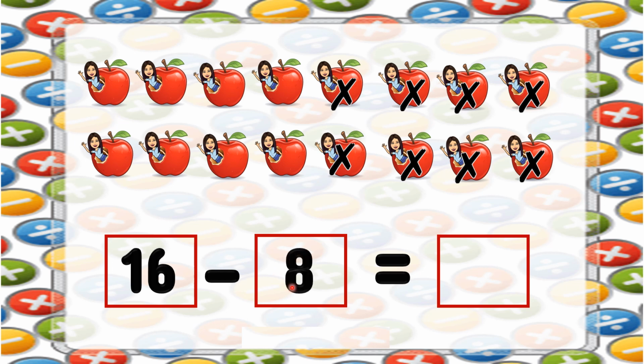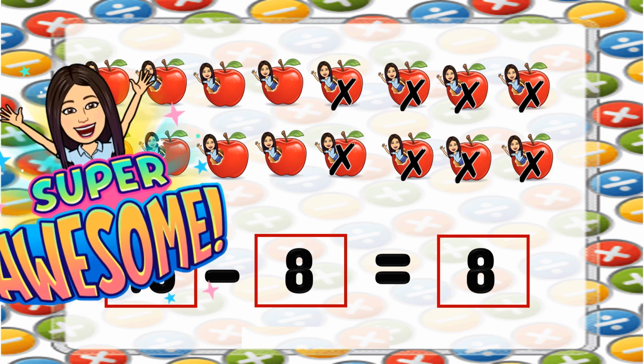Okay, 8. Now let's count the remaining apples. 1, 2, 3, 4, 5, 6, 7, 8. So the remaining apples are 8. Therefore, 16 minus 8 is equal to 8.